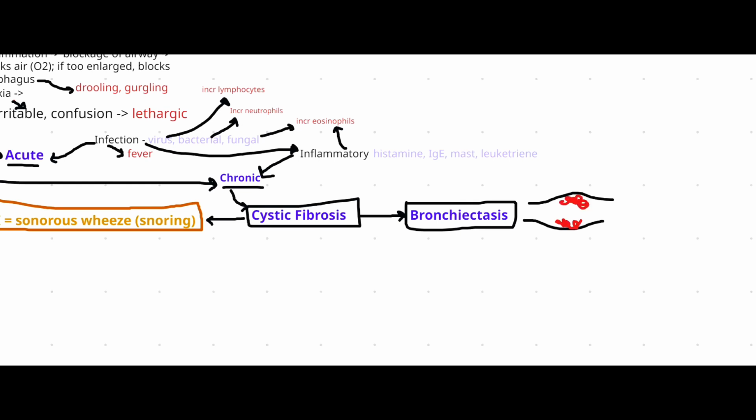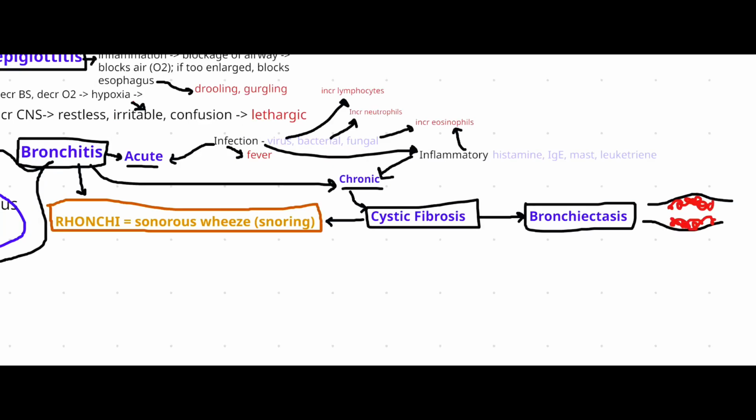Now eventually, if the secretion is so much here, what do you think is going to happen? It can get stuck together, then it closes the airway. That's a problem, right? But before that happens, if there's still a little bit of space in there, what sound are we going to hear? Where's the problem?